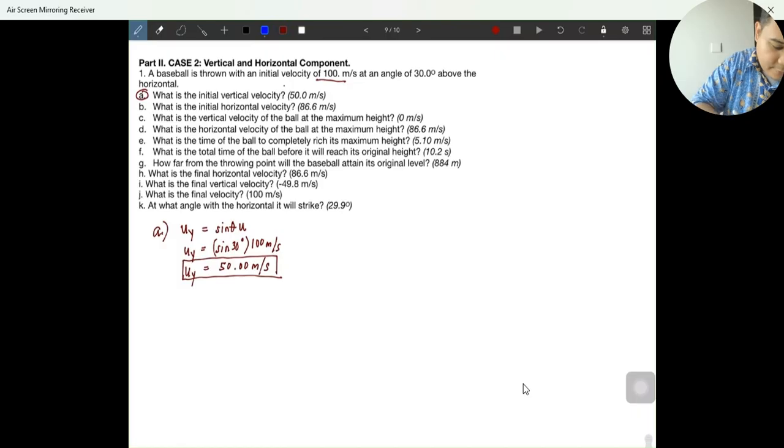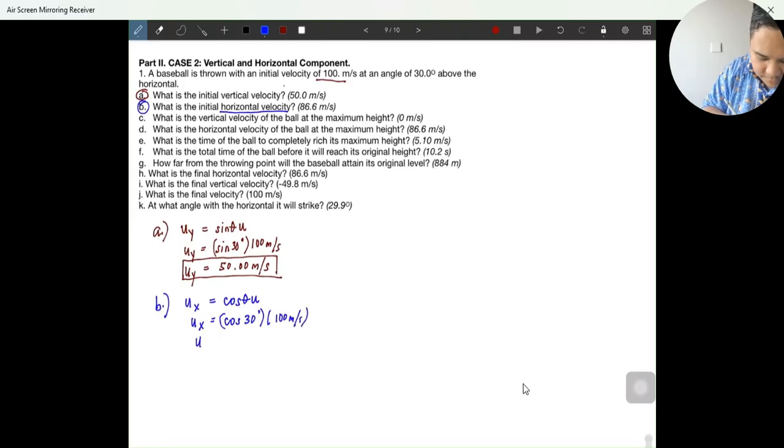Now, how about for letter B? For letter B, we are asked for the initial horizontal velocity. The label for that is ux, and with the formula again, we have cosine theta multiplied by u. So ux is cosine of 30 degrees multiplied by 100 meters per second.